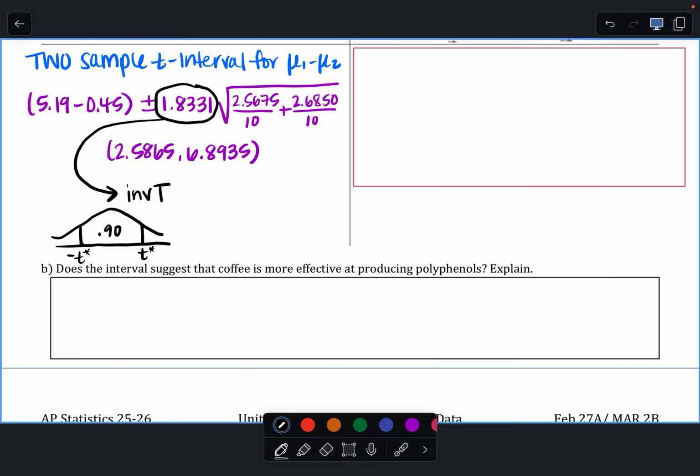Now, they do not care which one you find. It is going to be the same number. It's just the lower one will be negative, the upper one will be positive, and you can technically find either one. If there is 90% in the middle, that means there's 0.05 in the left tail and 0.05 in the right tail. So you can enter an area of 0.05 and the degrees of freedom, and you're going to get this value.